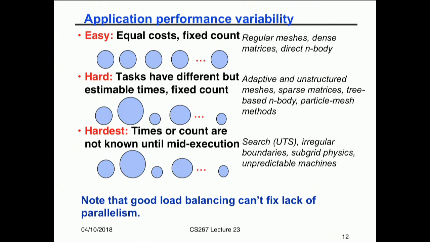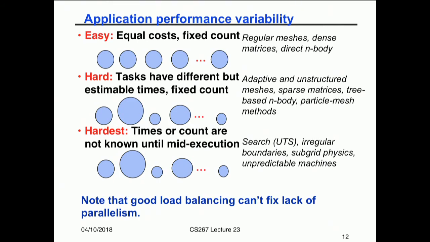And you can use that, first of all, to partition the work into tasks that have equal size. So that's where you would use something like graph partitioning. Or if you know in advance that you've got some very expensive tasks and some very cheap tasks, you can use that to come up with a better load balancing approach. So if you know the cost of each task.